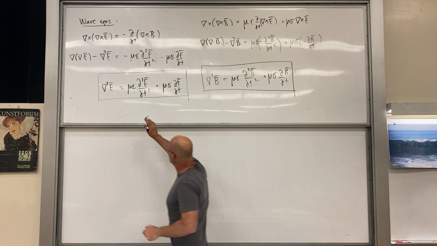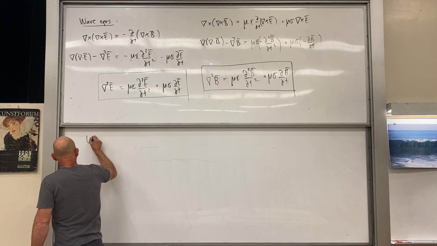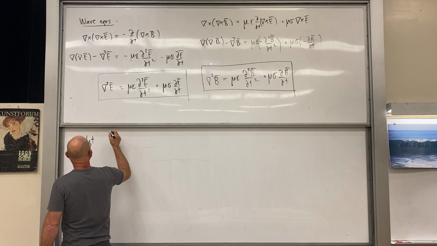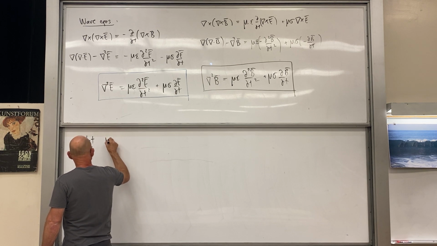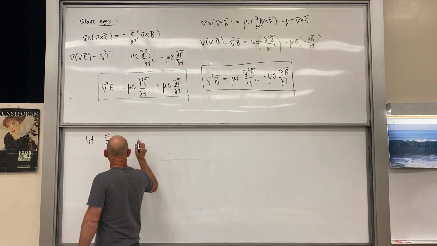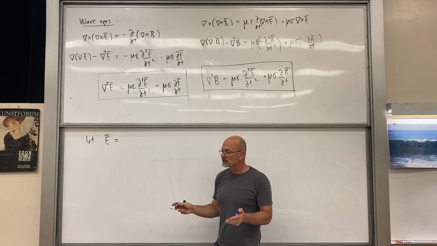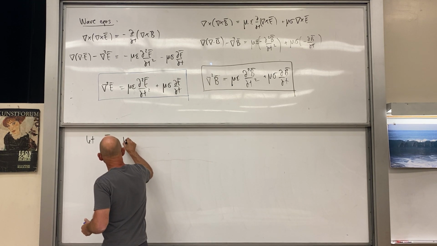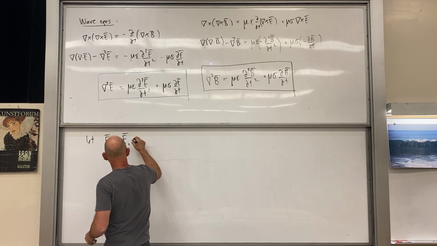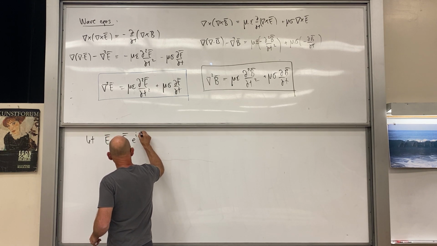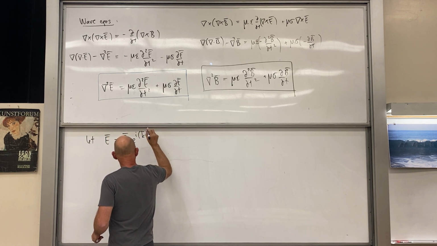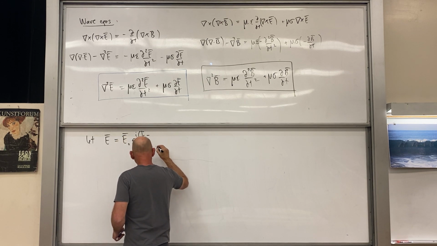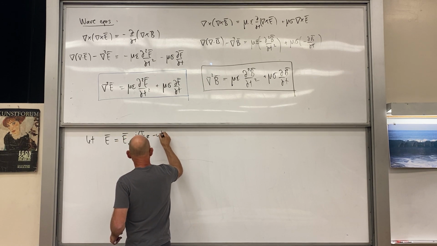So what we're going to do is go ahead and say E is going to propagate in the positive z direction. It's going to be a plane wave ansatz as before. So E0 e to the i (k tilde z minus omega t).